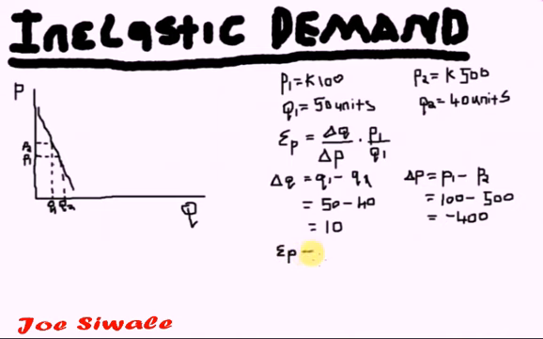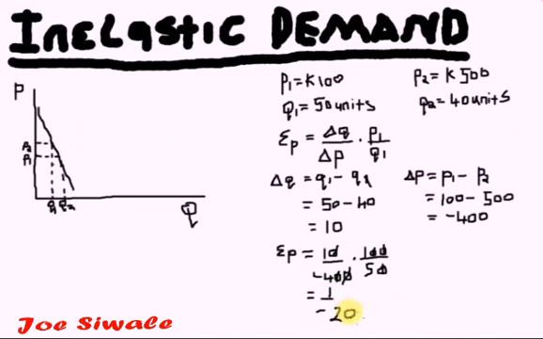So I'll say EP is equal to my change in Q, that's 10, over my change in P, that's negative 400. Then I'll say my P1, that's 100, divided by my Q1, that's 50, sorry. Then I can cancel out some zeros. After I've done that, 1 multiplied by 1 is 1.